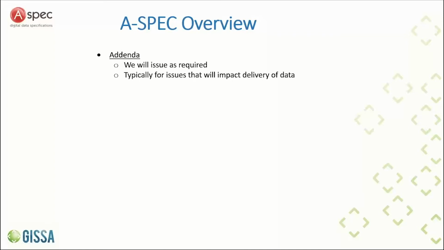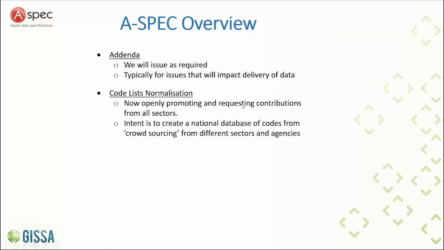Typically, the kind of issues that we want to cover are things that are going to impact the delivery of the data. So if we've misspelt an attribute name, or we've misspelt a code, or we've missed out an attribute because of the creation of new tables, we want to cover those in addenda.